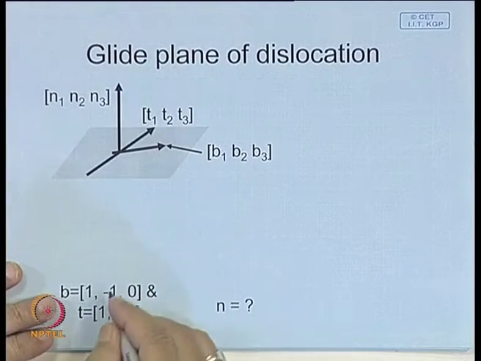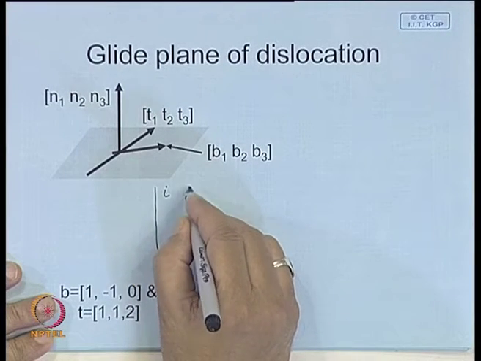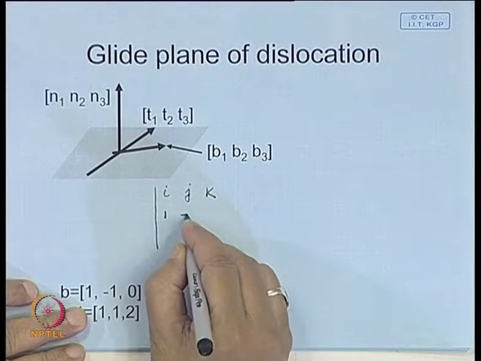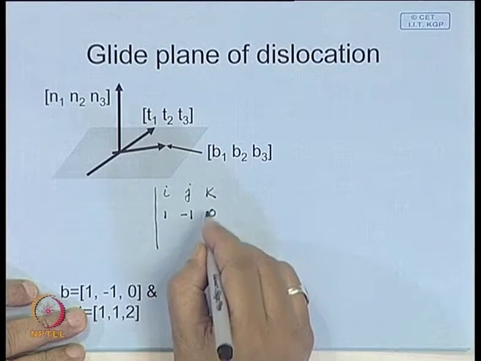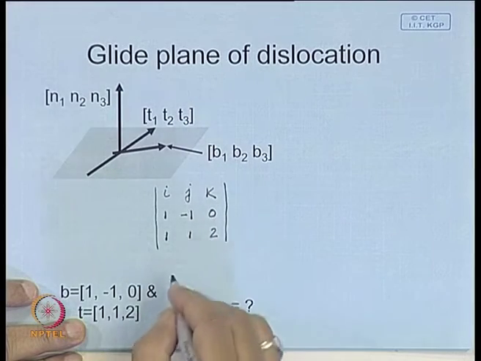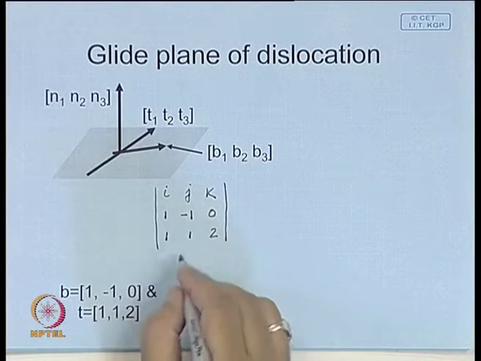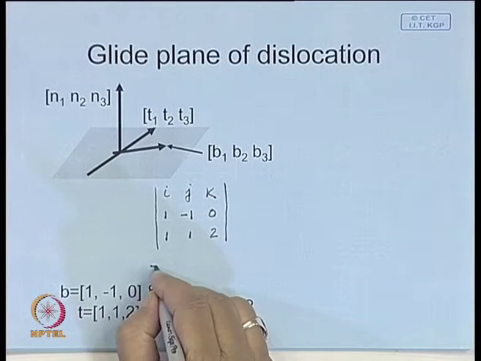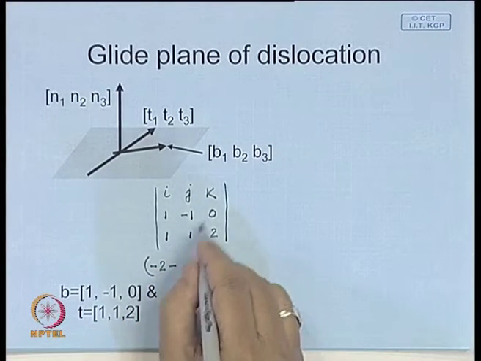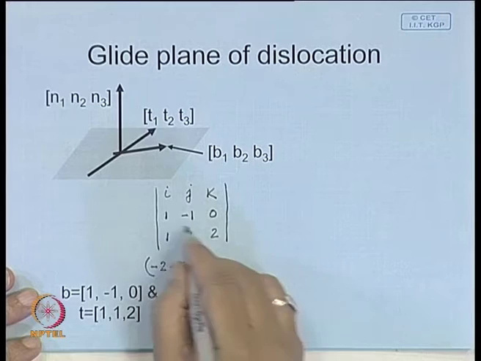If you write the determinant, what comes is i j k, then 1 minus 1 0, next 1 1 2, and if you break this determinant, it will be minus 2 minus 0 i plus j.